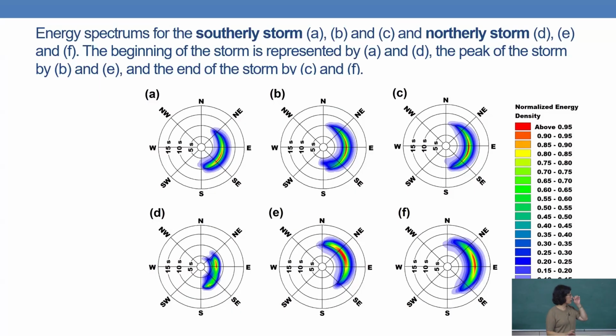So with this type of diagram from the DHI model, you are able to extract all that information. This is just an example for the southerly storm, that's the ABC. So this is a southerly storm for the first one. And then we have the northerly. But that's for the storm, the energy we are able to extract.